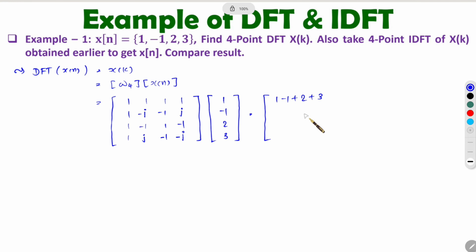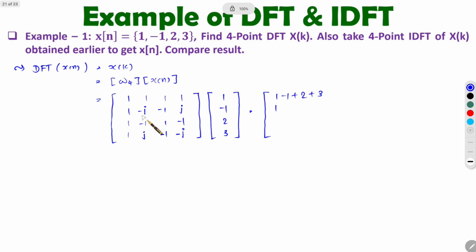See the second element, that is the second row into this column. So 1 into 1, that is 1, plus minus j into minus 1, that is plus j, plus minus 1 into 2, that is minus 2, plus j into 3, that is plus j3. Third element, that will be the third row into this column.